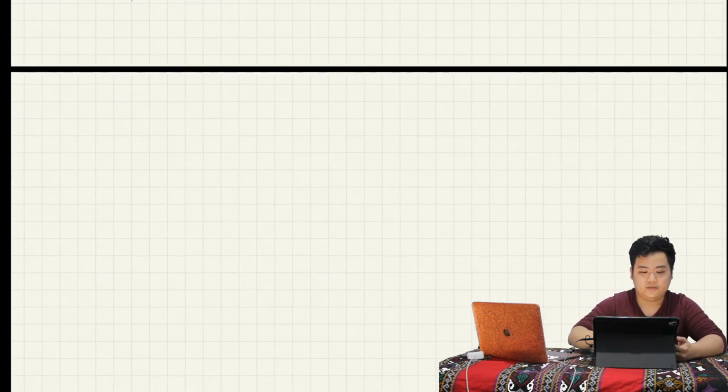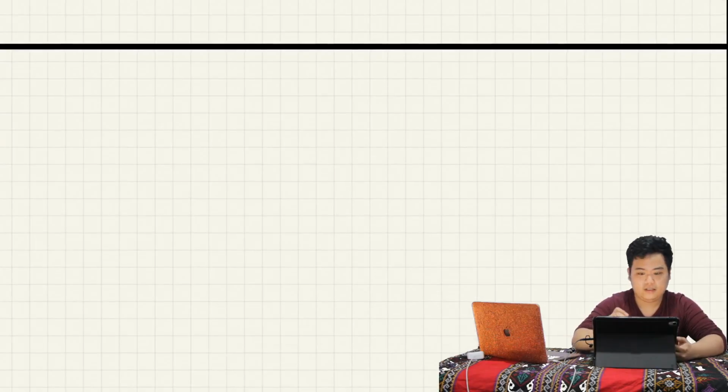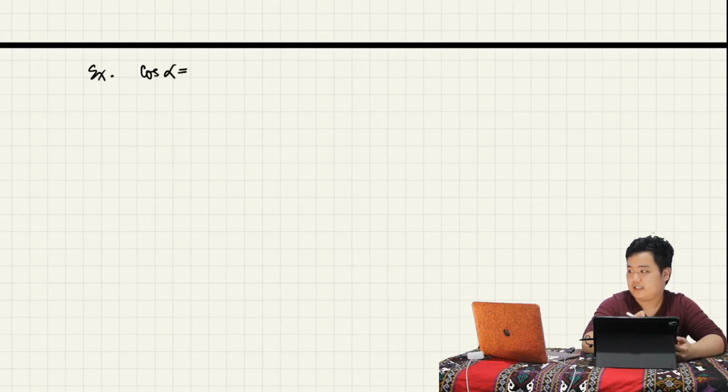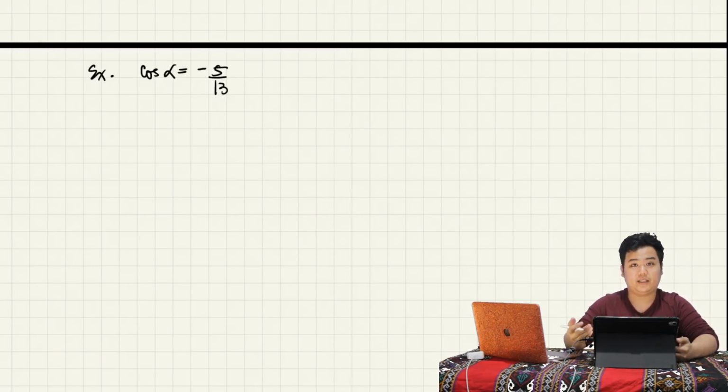Okay, so let's do this last example. Let's say our cosine of alpha is negative 5 over 13. So, hanapin natin yung other trigonometric function values of alpha.